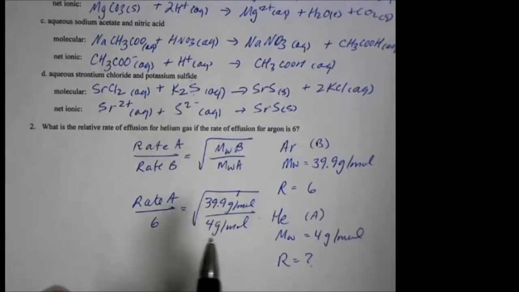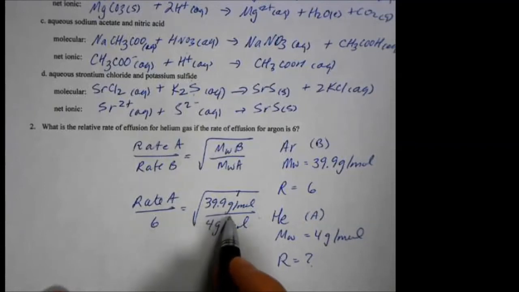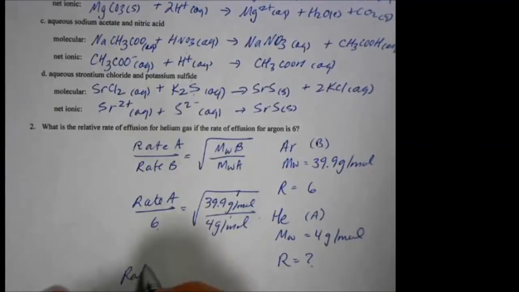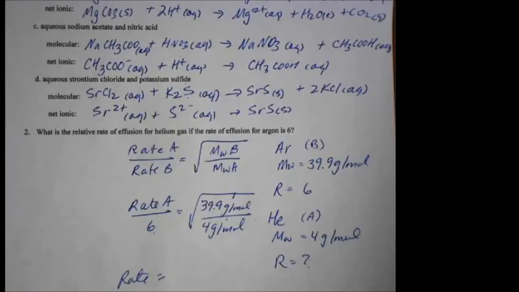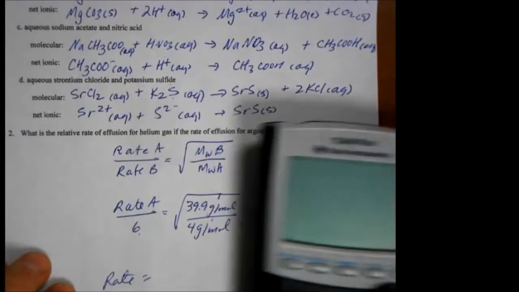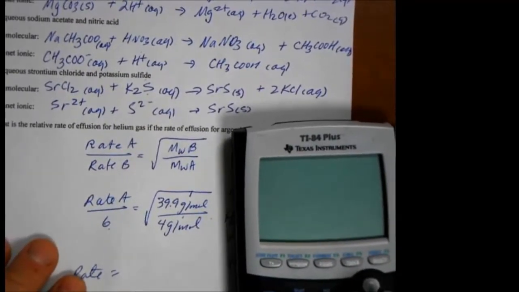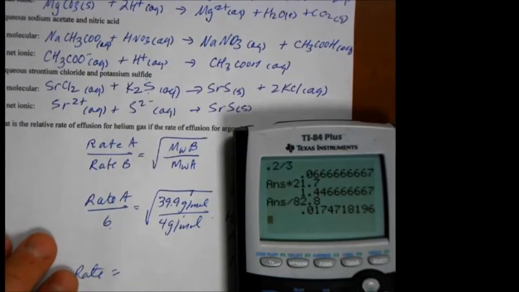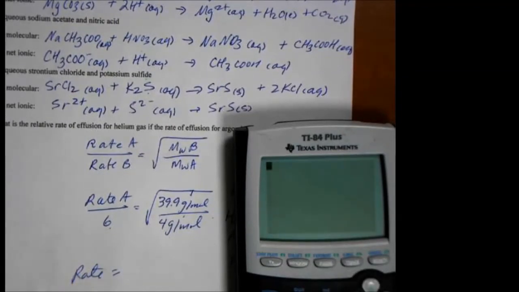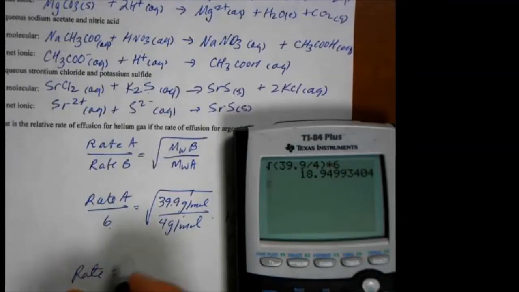When you rearrange things, all I have to do is multiply by 6 to get rate A. The way that I'm going to plug this into my calculator is like so. I take the square root of 39.9 divided by 4, and then I multiply it by 6, and I get a rate equal to 18.9.